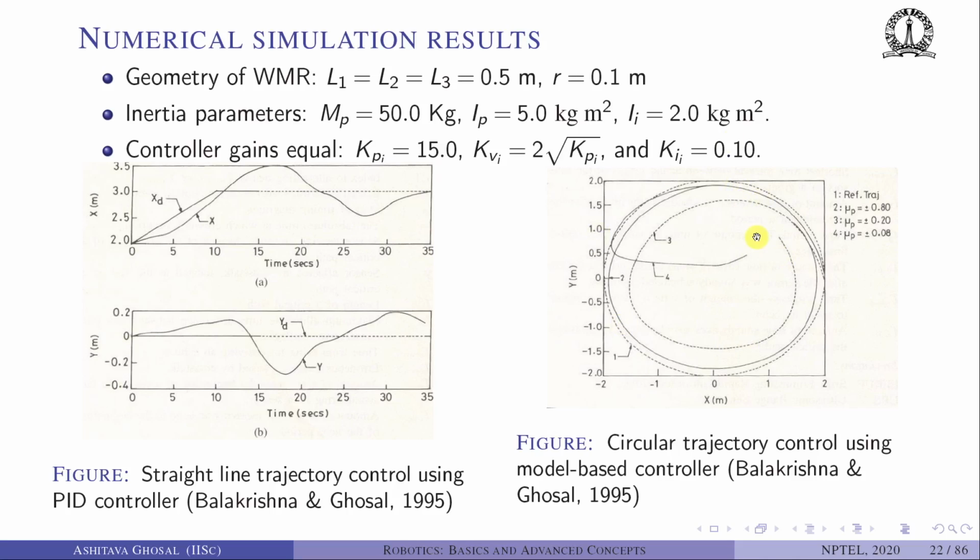Okay, so this is one of the findings long time back, when we showed that if you do not model slip, then we will not be able to track a desired trajectory in a wheel mobile robot. So modeling of slip and taking into account the slip which is happening at the wheels is very important in a wheel mobile robot.